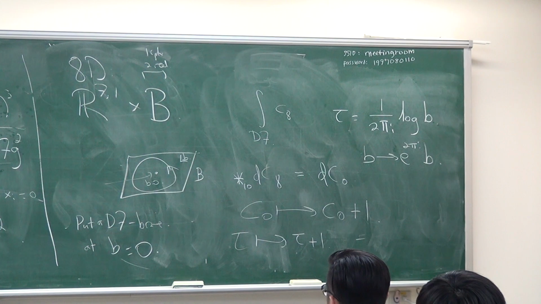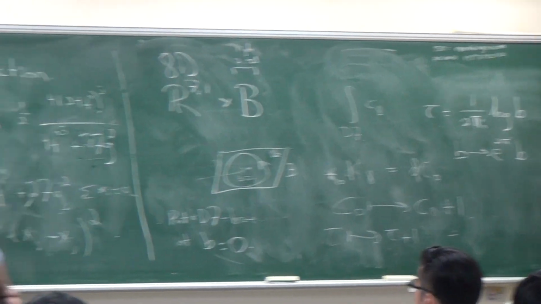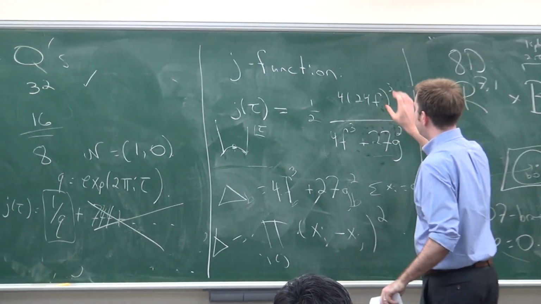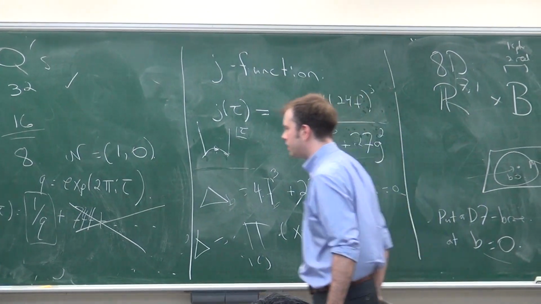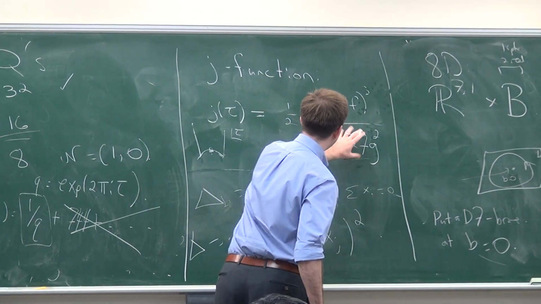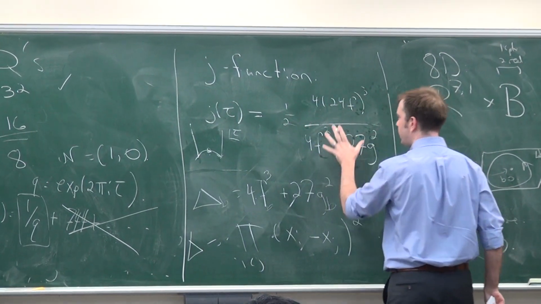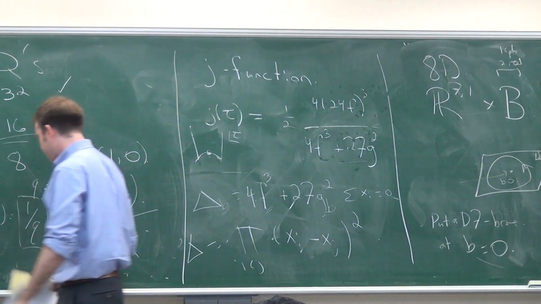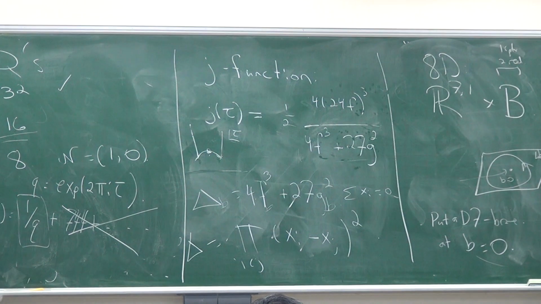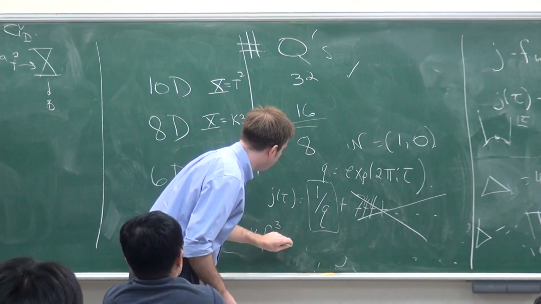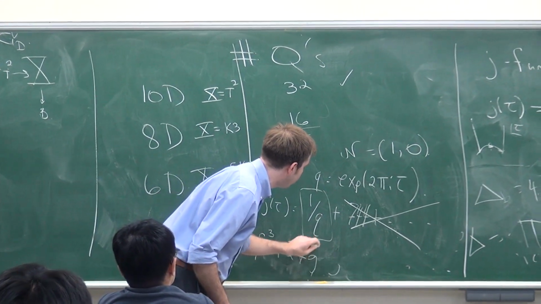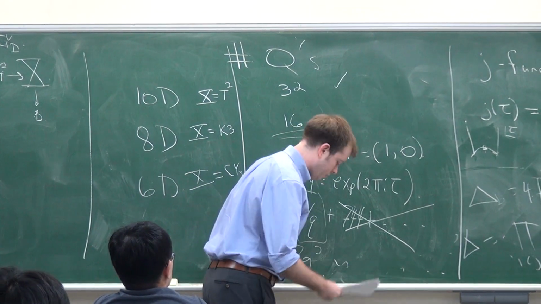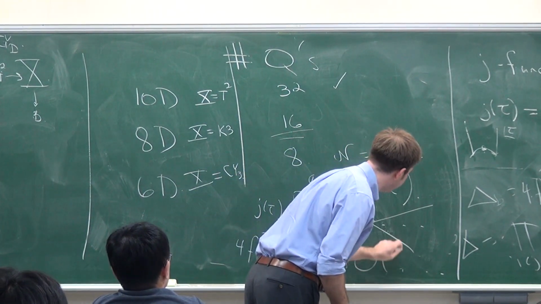Okay, so I'm looking for something that has this appropriate behavior. I want 4f cubed plus 27g squared to be tiny, and this thing to be an order 1 thing. So what I'm looking for is 4f cubed plus 27g squared to have the following behavior. It should be order b.